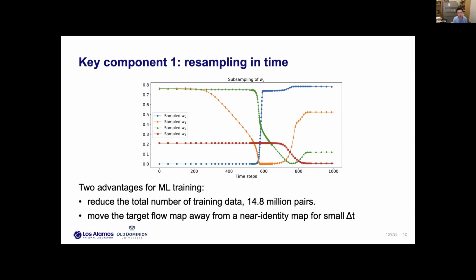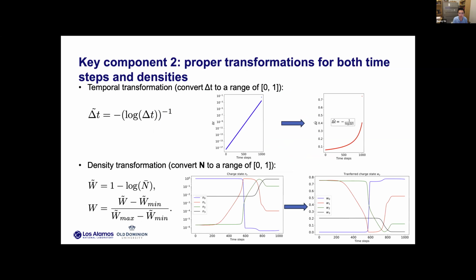Another is we want to move the target flow map away from near-identity mapping for very small delta t. As you can see from the figure, it's hard for the neural network to learn those identity mappings with a very small delta t. That's the motivation for the subsampling.